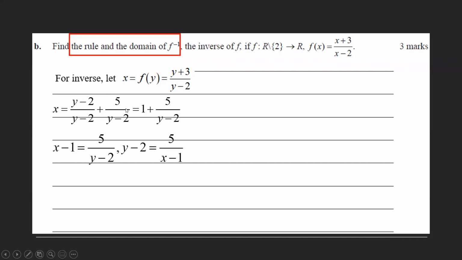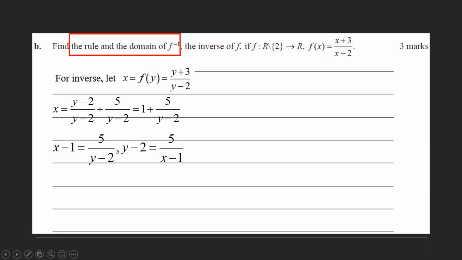So, the next step is to subtract 1 from both sides. x minus 1 equals 5 over y minus 2. Therefore, you can swap x minus 1 and y minus 2. Swapping these two objects, you will still get y minus 2 equals 5 over x minus 1. Okay, I know to some of you that's a little bit junk, but that's a common strategy to solve these types of similar equations.